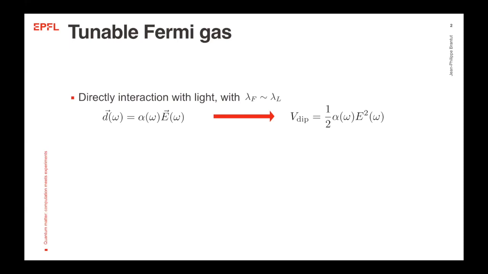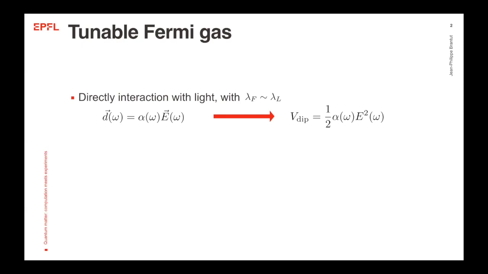The consequence of this is that any light intensity pattern you can create directly maps onto a potential that is seen by the atoms. And we're going to think of the atoms as sort of particles which we will use to mimic electrons in some solid state structures. And the way we are going to engineer the potential landscape is by optical methods.